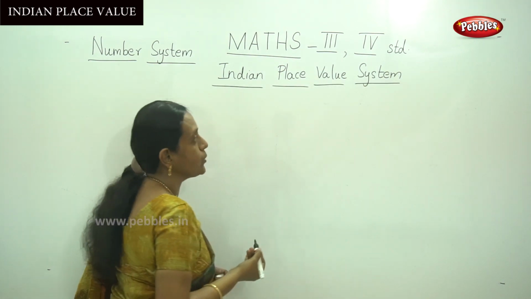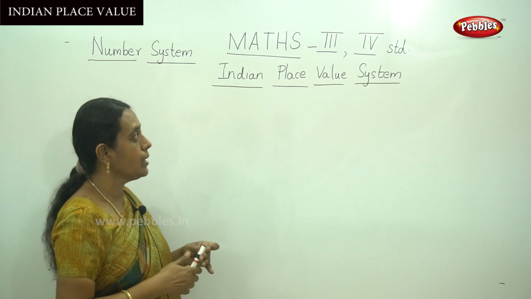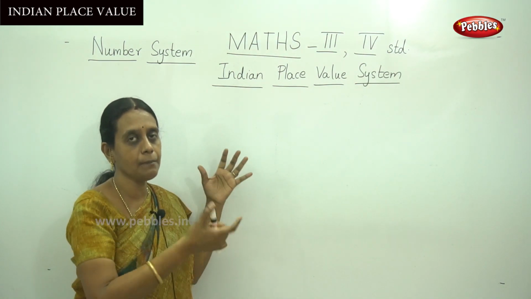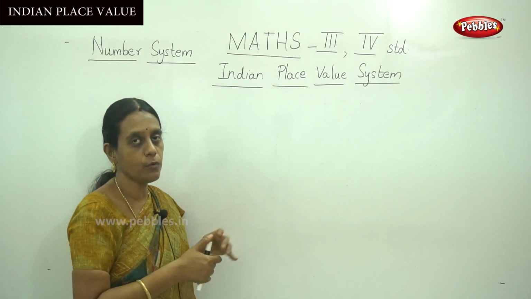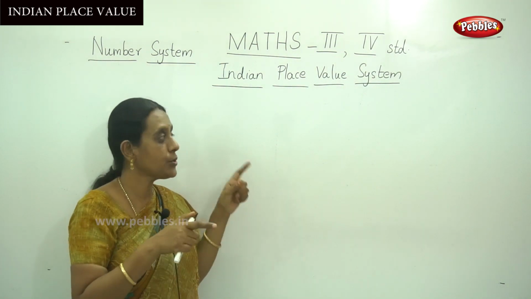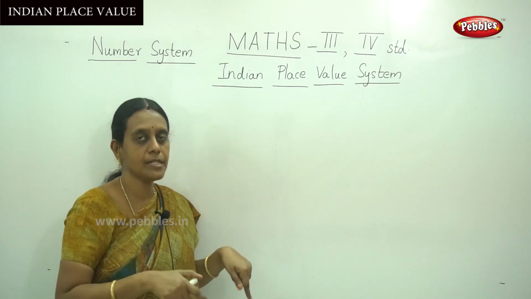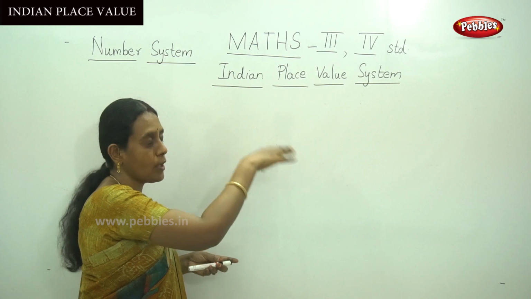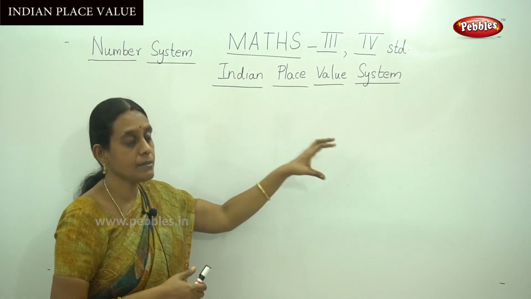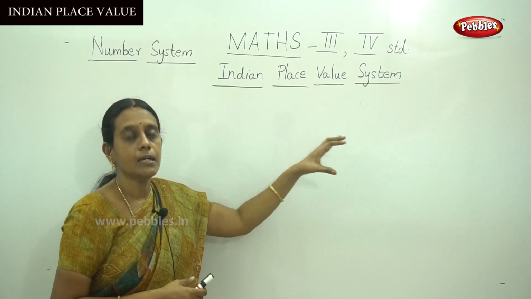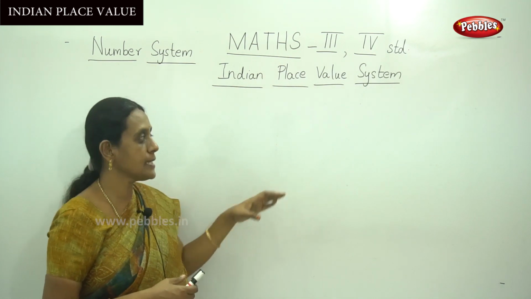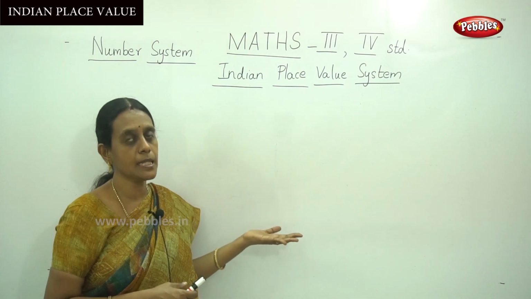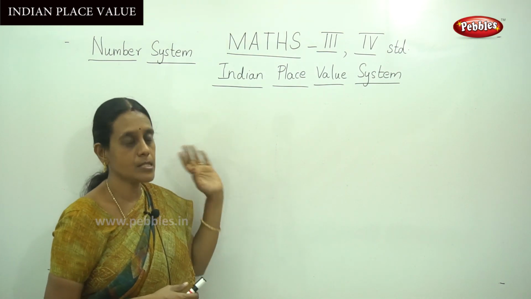For this method, you have to use your maths notebook in landscape mode. Do not keep your notebook in a vertical manner, because you have to draw table columns. We have to divide the numbers into different periods. First understand, and then try yourself with other numbers.